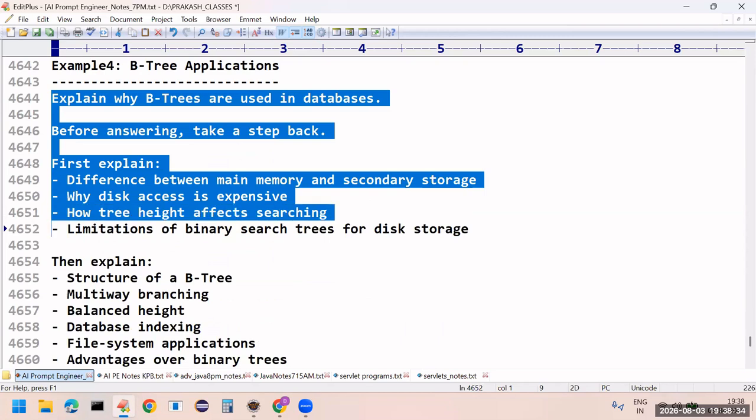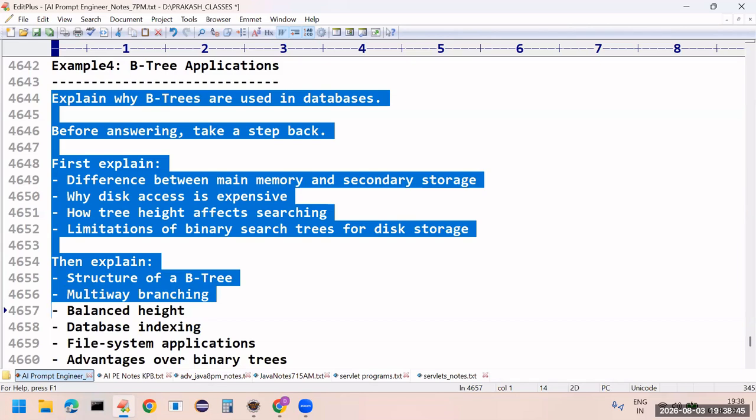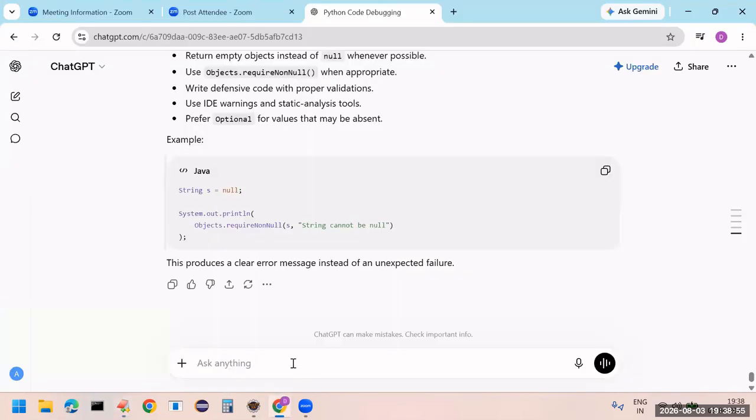How tree height affects searching. Limitations of binary search tree for disk storage. After covering these basic problems, then structure of B-tree, multi-way branching, balanced height, database indexing, file system applications, advantages over binary. Just refer to all these points and then give the answer for my question.